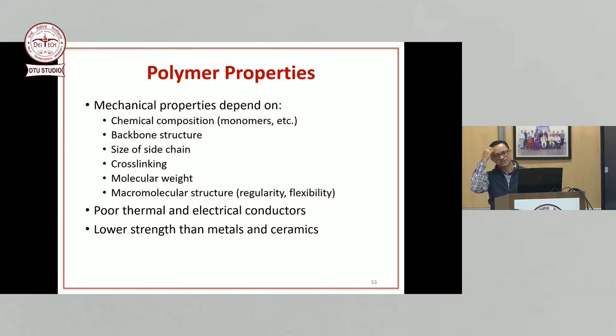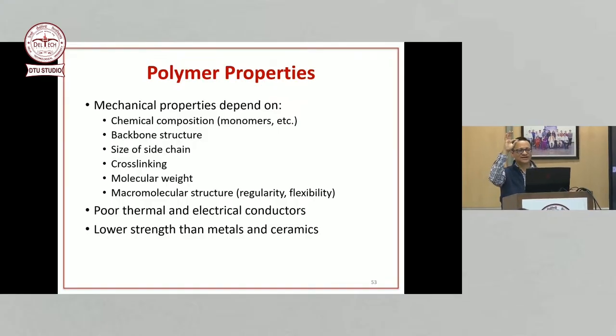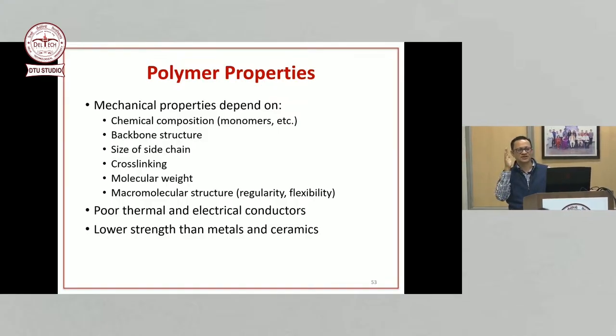Okay, let me ask you a question. Let's say I talk about this side chain. So let's say I have these polymer chains. This is one type of polymer. The other polymer I have has these polymer chains and then there are side chains.